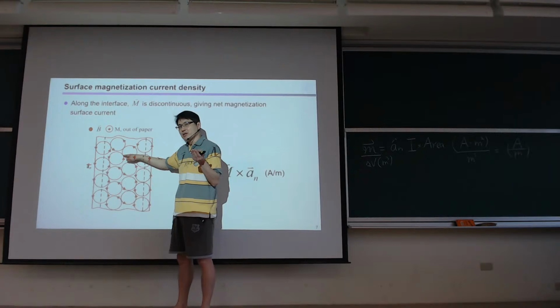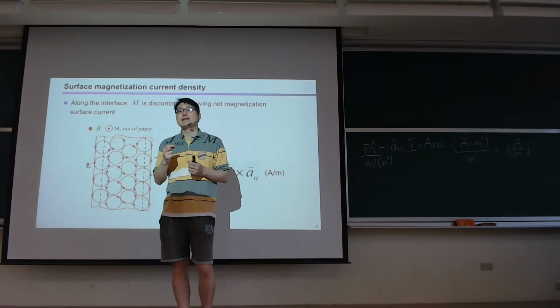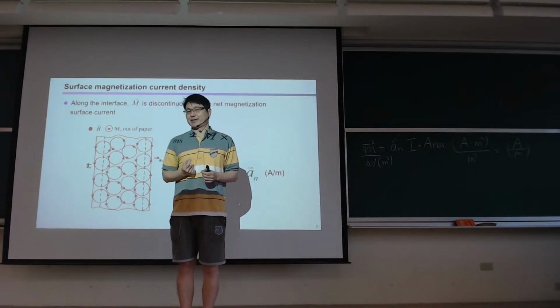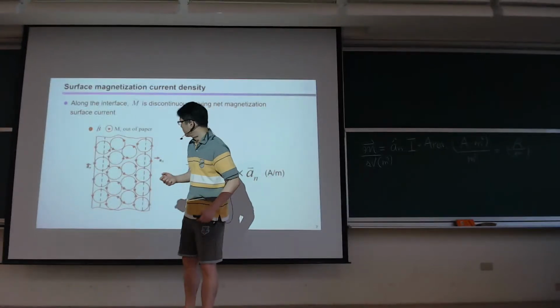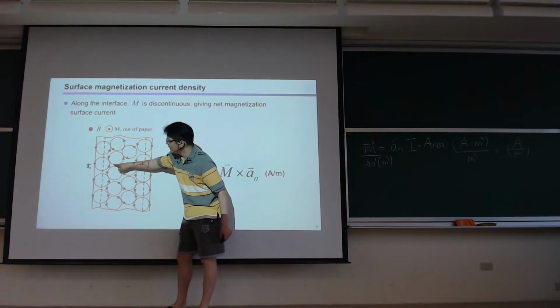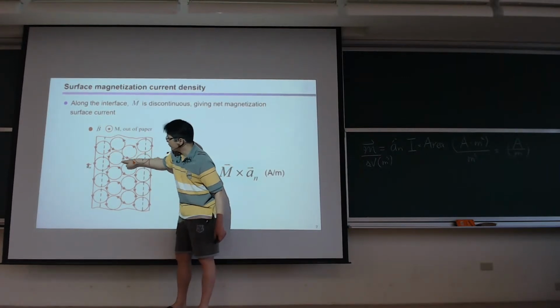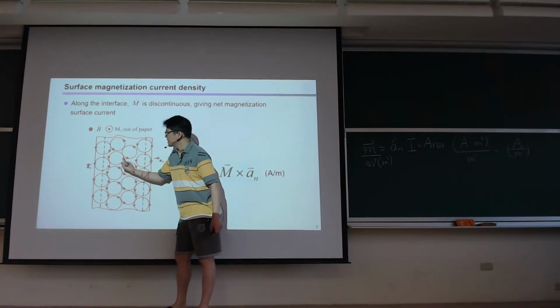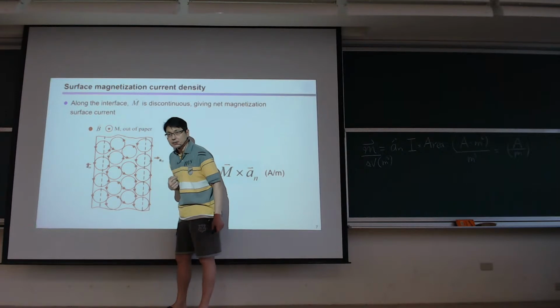And then you ask yourselves, at this point, what is the net current? This is tricky because at this point, the left current conducting loop is giving an upward flowing current.